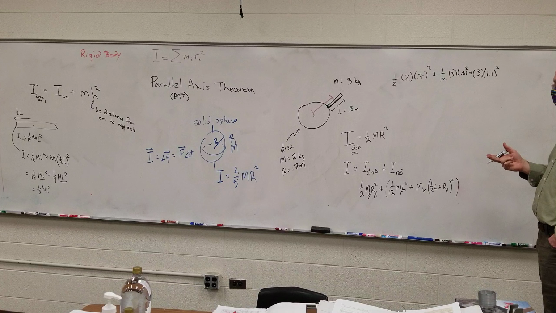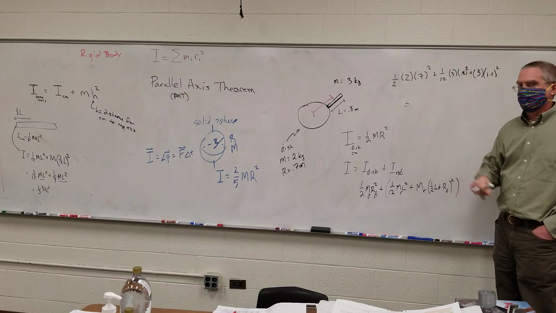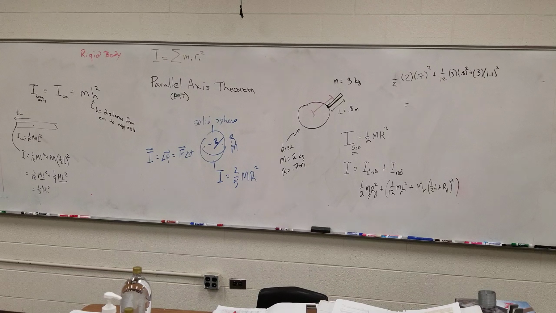So 0.4 plus 0.7, 1.1. And then it's calculator exercise. I could be wrong, but I have 4.28.